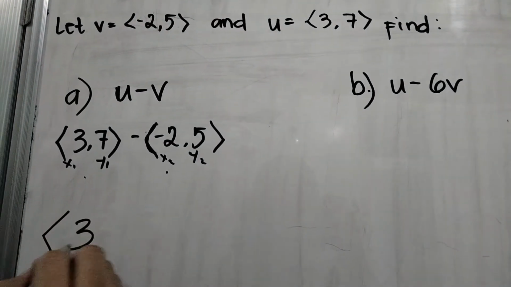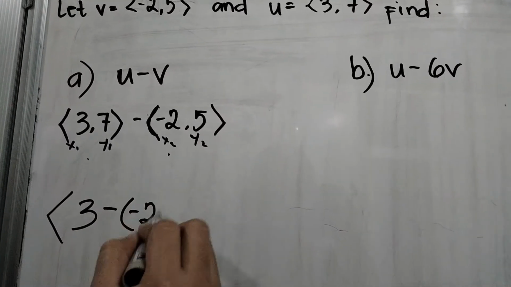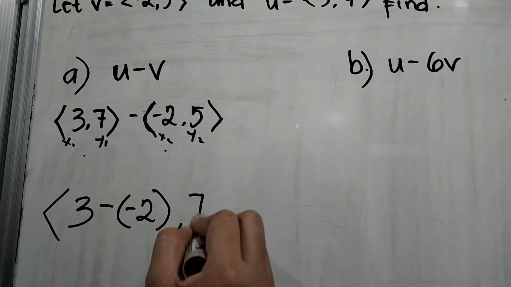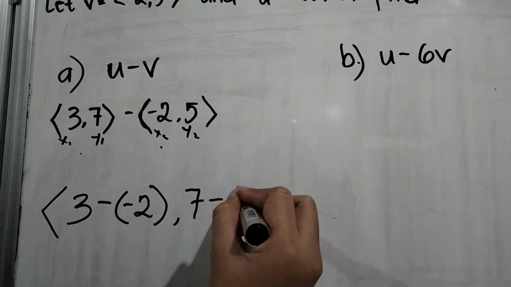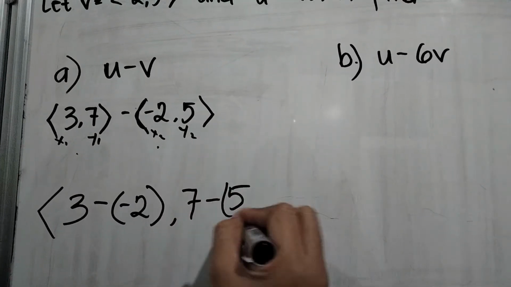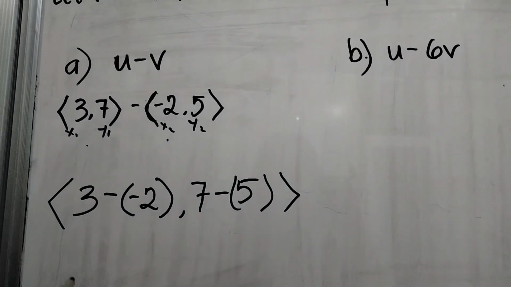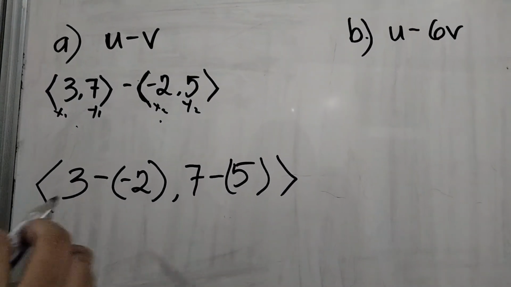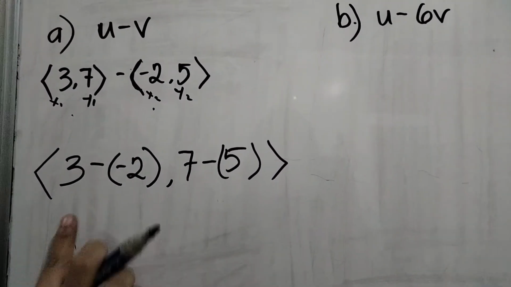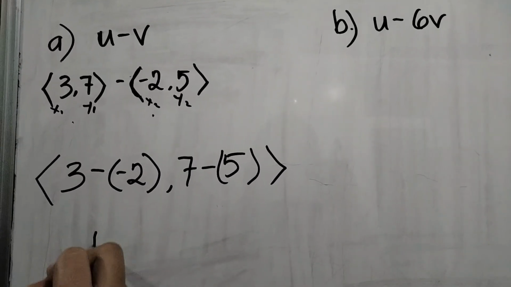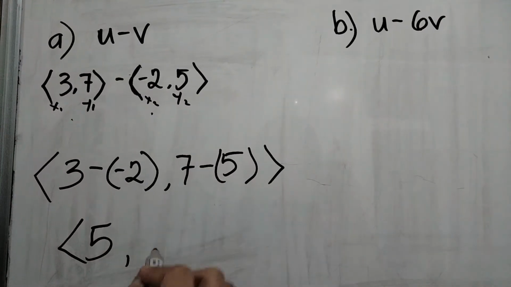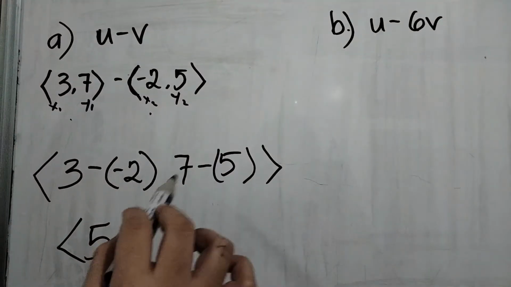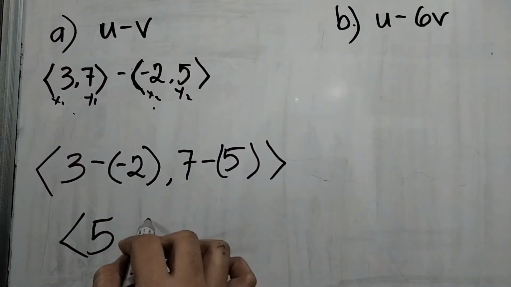Pagsasubtract natin, 3 minus negative 2, tapos 7 minus 5. So, 3 minus negative 2 is equals to 5. Magiging positive na siya kasi negative. And 7 minus 5 is 2.